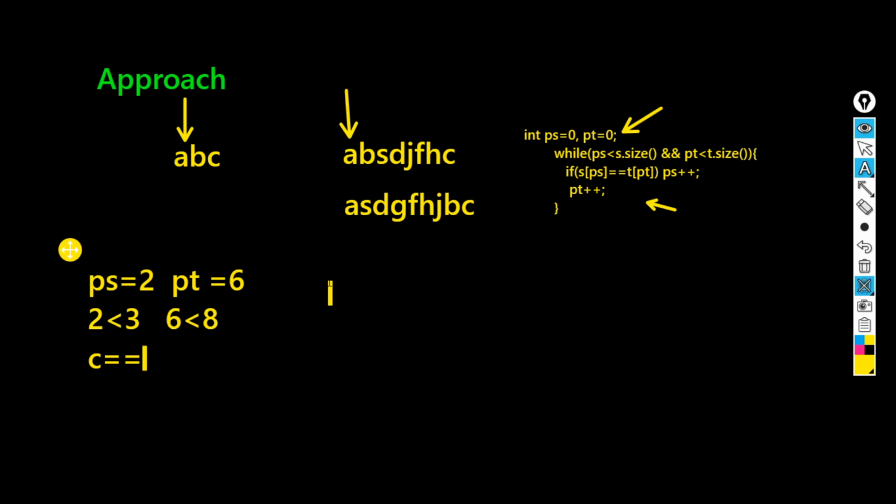So the condition is true, and here we get the 6th index as F, and the other 6th index as H. Now again we increment PT. It will be 7. 7 is less than 8, then it will be C equals to C. Now PS equals 3 and PT is equal to 8. 8 is not less than 8 and 3 is also not less than 3, so now the condition breaks.